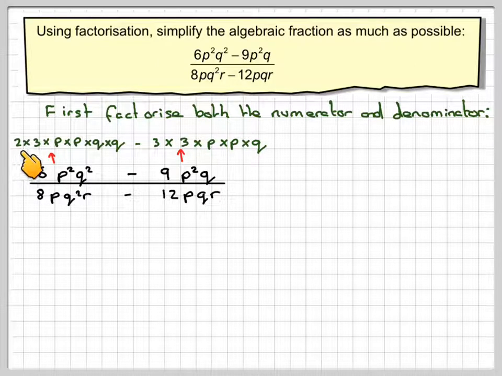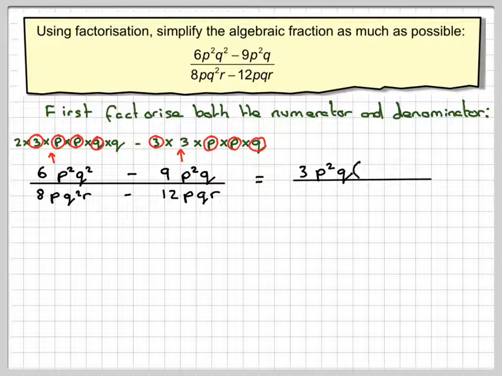There's nothing with the 2, but there's a pair of 3's which can be paired up. There's a pair of p's that can be paired up. Another pair of p's which can be paired up. And then there's also a pair of q's which can be paired up. So the common factor here is 3p squared q, brackets.